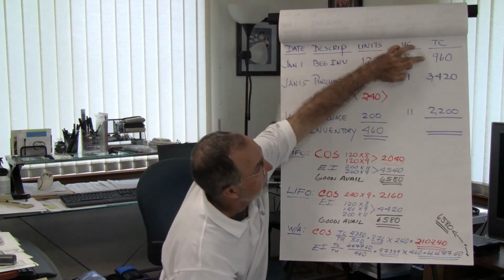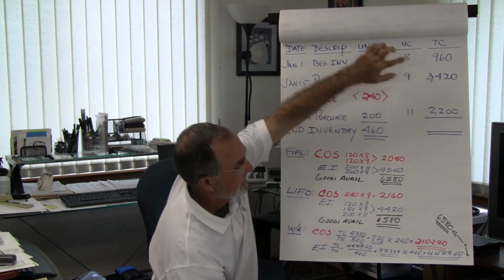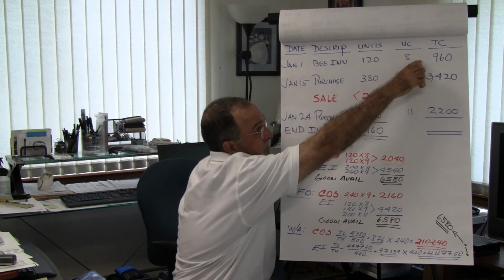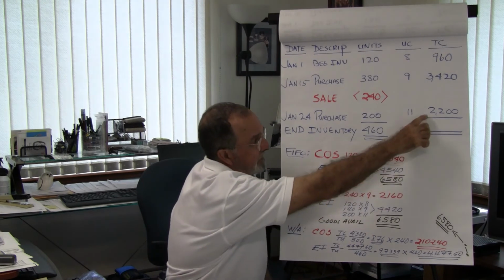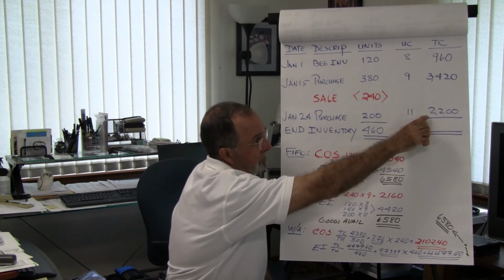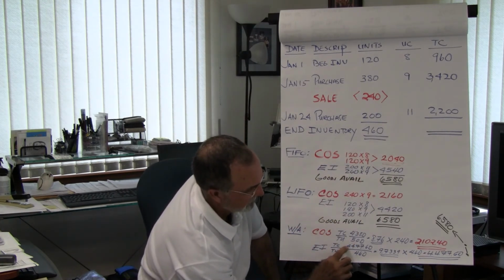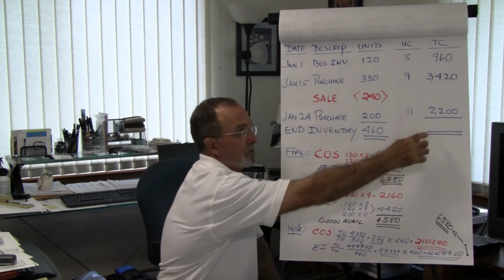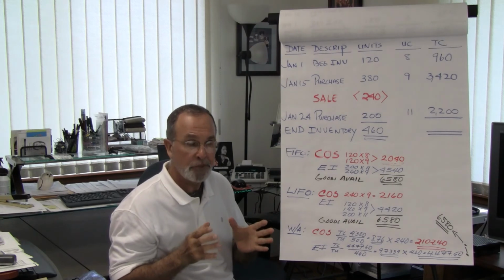We will have our beginning inventory plus the purchase on January 15th, less the cost of the sale of 240 units. So when we take the total of this amount, and subtract this amount, and then add in our last purchase for the month of $2,200, our total cost at that point is $4,477.60.